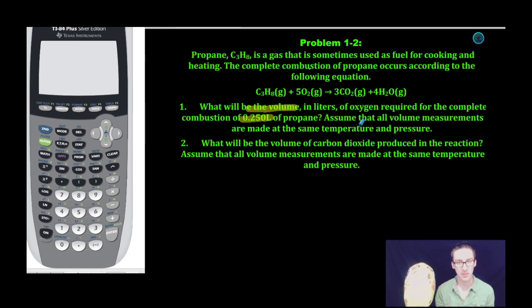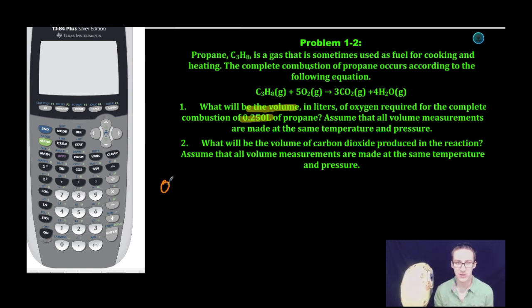Now that's key because we can use Gay-Lussac's law of combining volumes to very quickly determine the amount of oxygen needed. Because the coefficients in the balanced chemical equation, although they will always relate the ratio of moles, with gases they will also relate the ratio of volumes when measured at the same temperature and pressure.